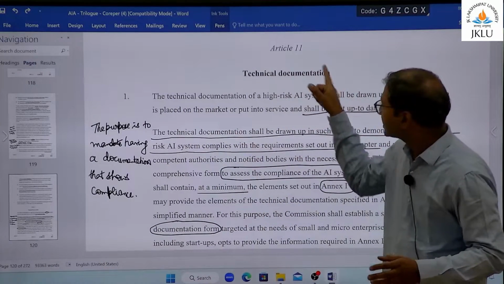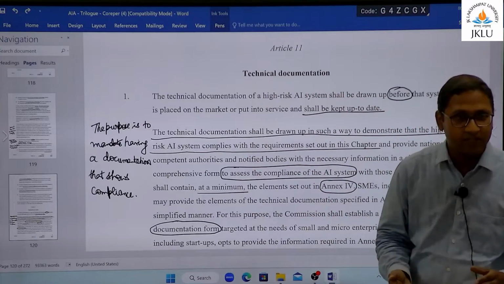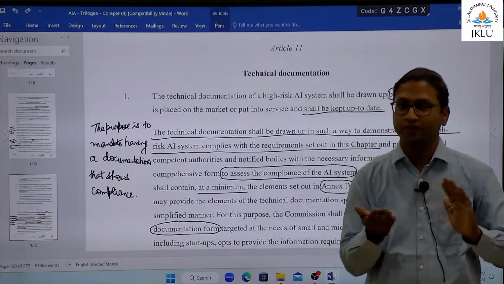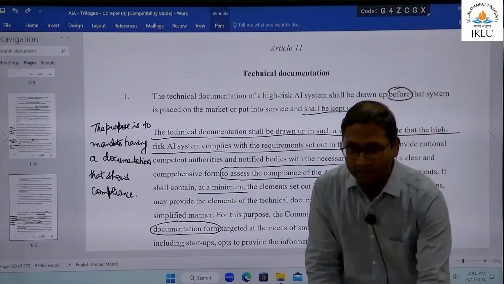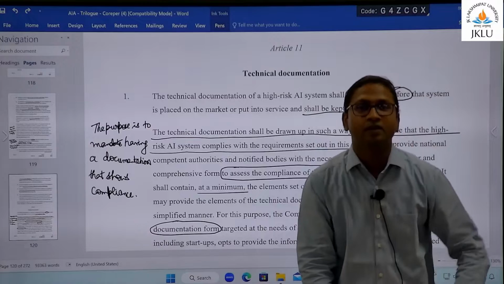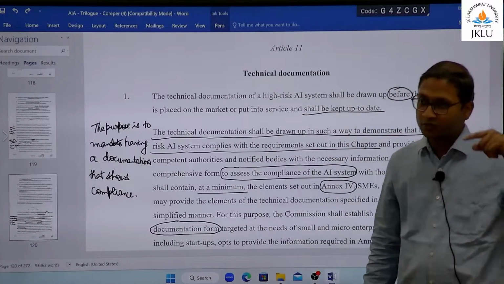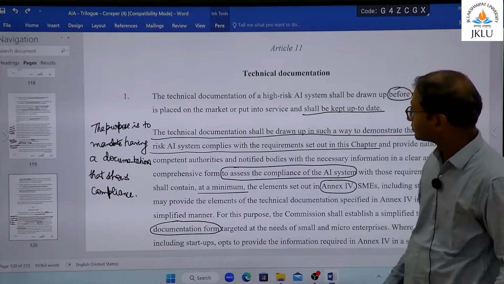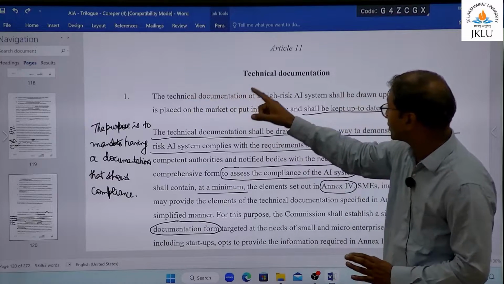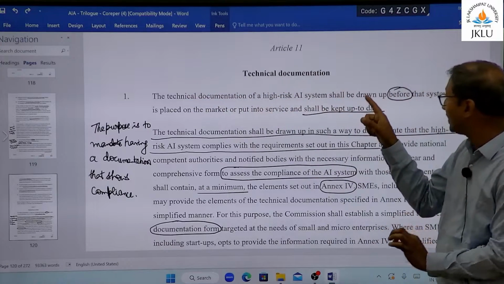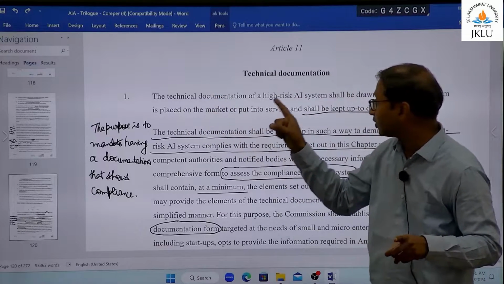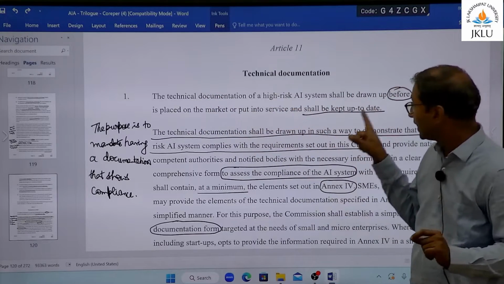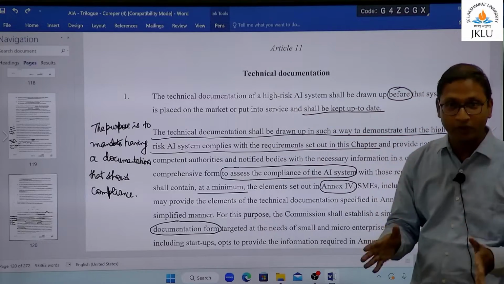But this technical documentation is essentially a very big research paper that you are supposed to write if you are working in an AI company that is providing solutions to EU. So the technical documentation of a high risk AI system shall be drawn up before that system is placed on the market or put into service and shall be kept up to date.